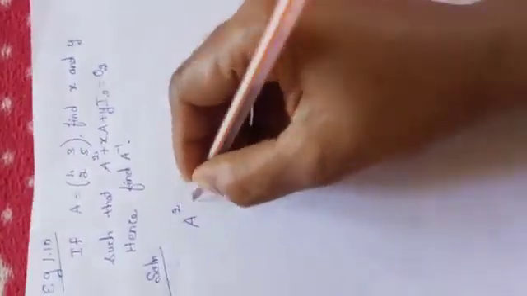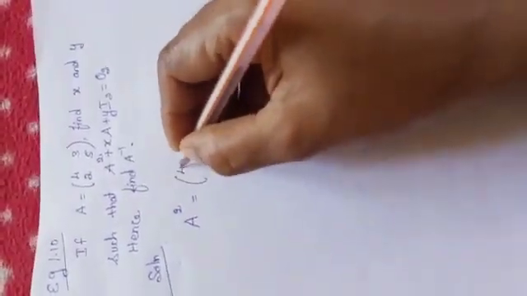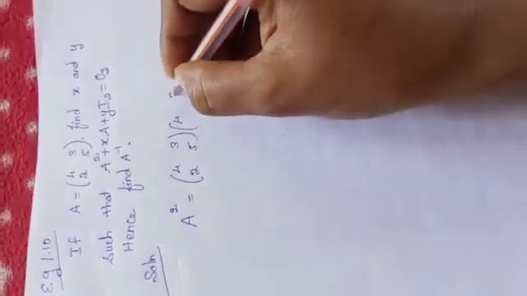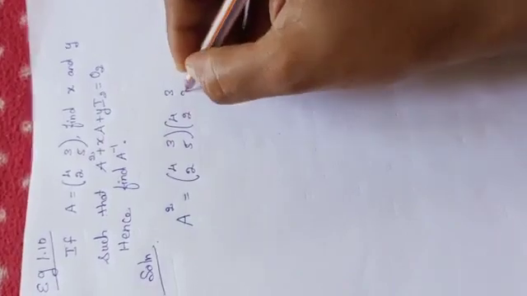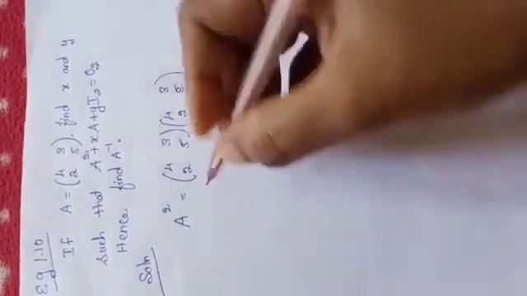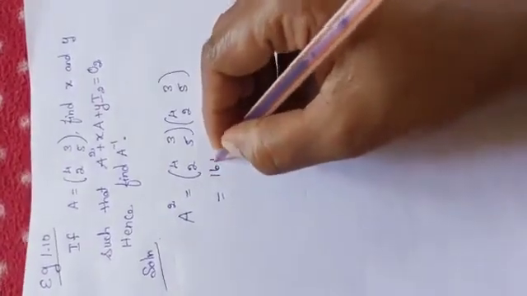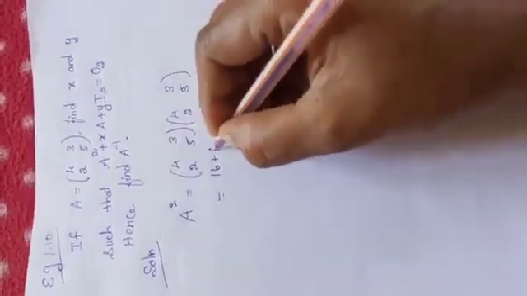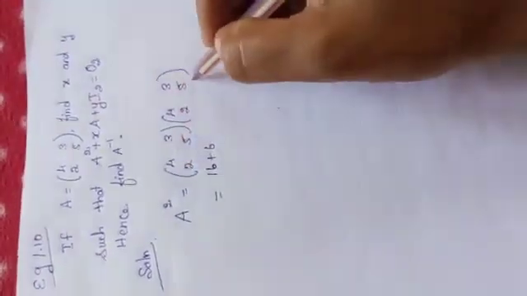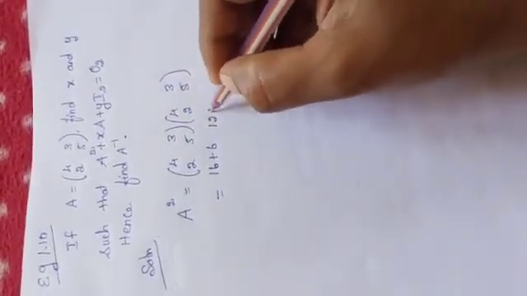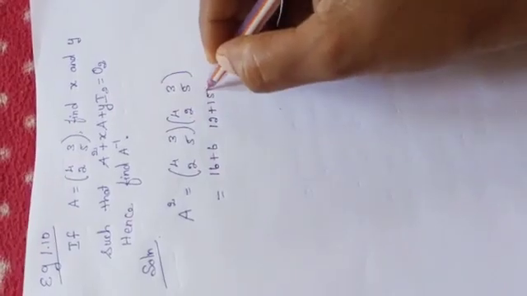A square is equal to 4, 3, 2, 5 into 4, 3, 2, 5. A matrix we cannot square as it is. See, 4 into 4, 16 plus 3 into 2 is 6. Now first row, second column: 4 into 3, 12 plus 3 into 5, 15.